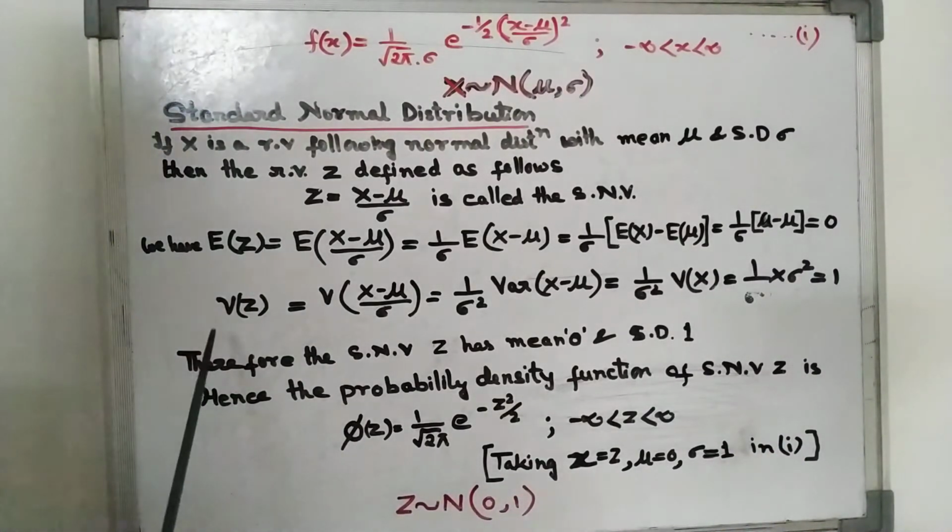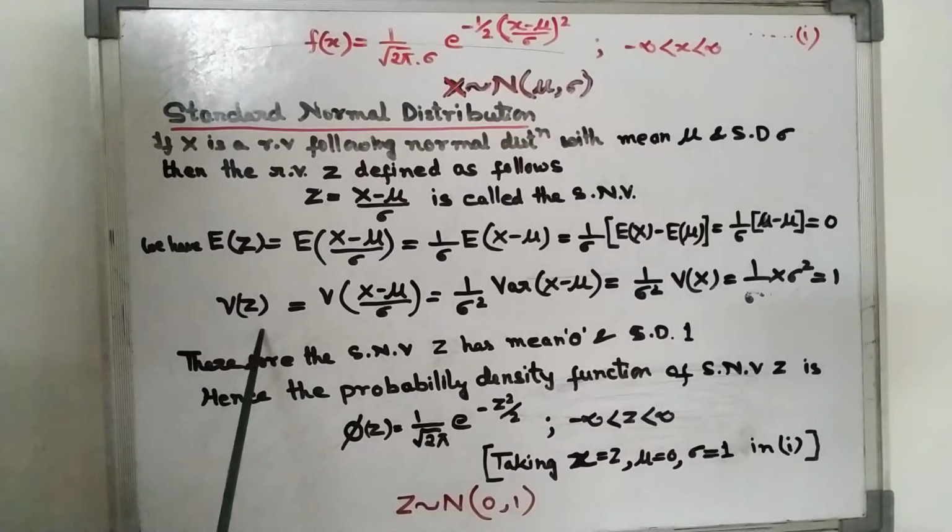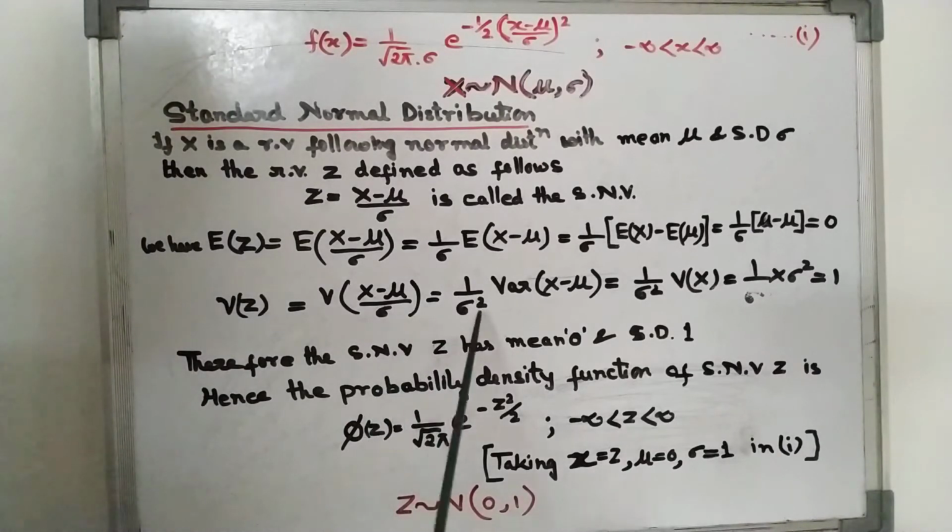Now the variance of z is equal to the variance of x minus mu divided by sigma. It will be 1 by sigma square, because according to the variance property, the constant is brought outside and becomes squared. So 1 by sigma square times the variance of this.